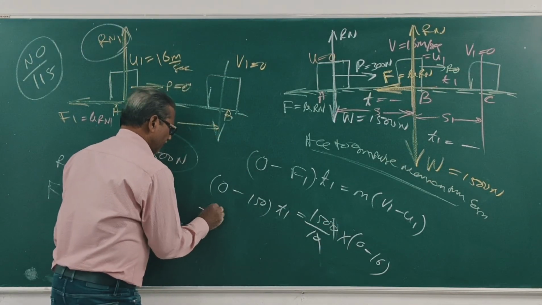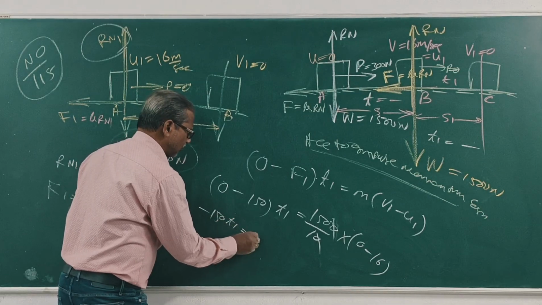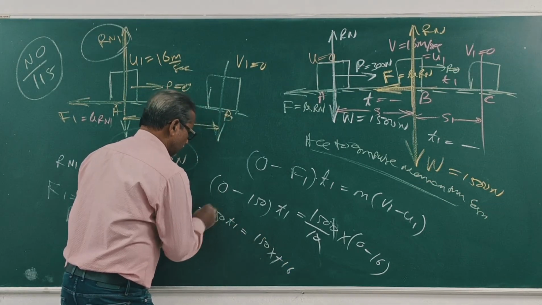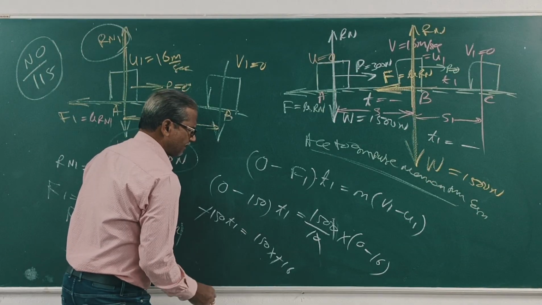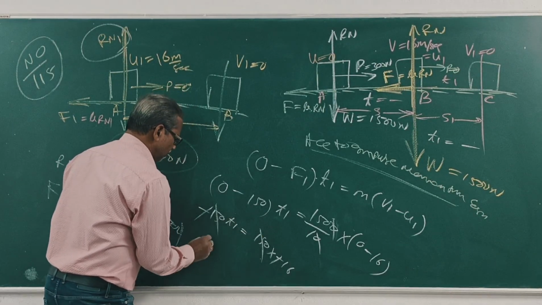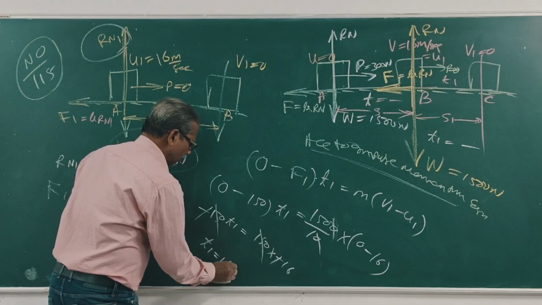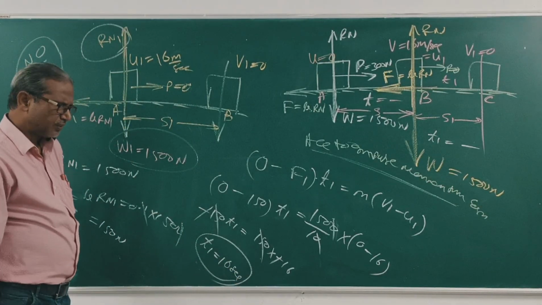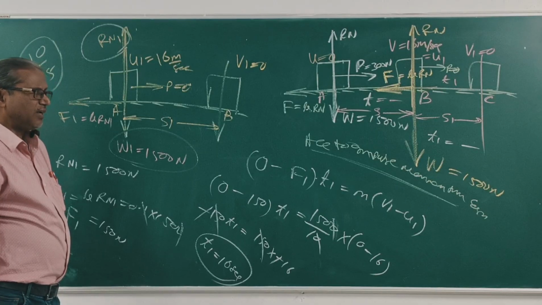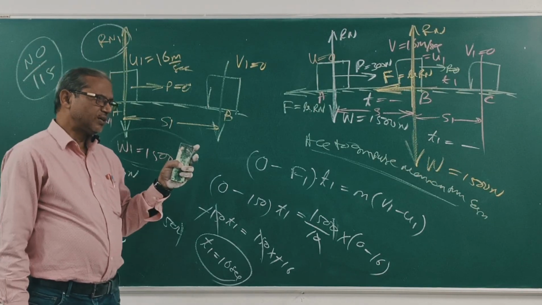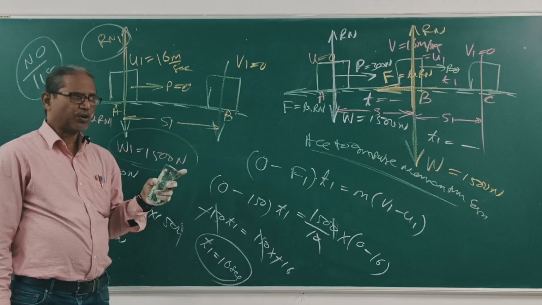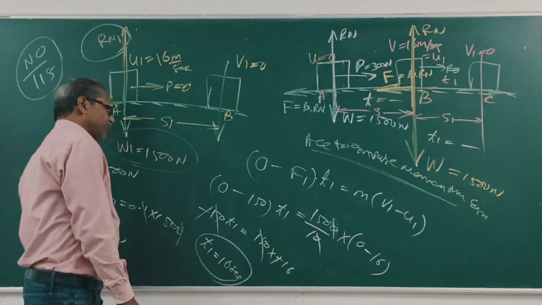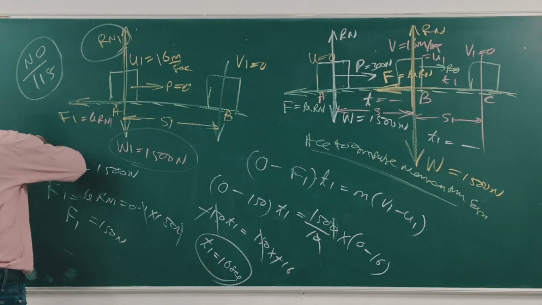Now minus 150 T1 is equal to 150 into minus 60. Minus cancels out, 150 cancels out. T1 is equal to 60 seconds. Right? This is the time taken to reach from B to C before coming to stop, meaning V1 is equal to 0. Clear? This is our question number 115.